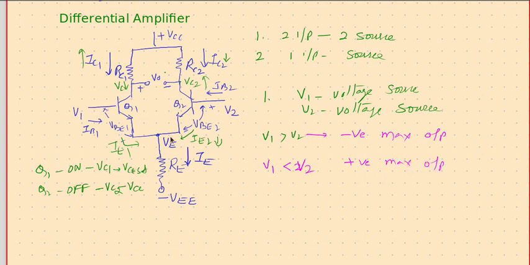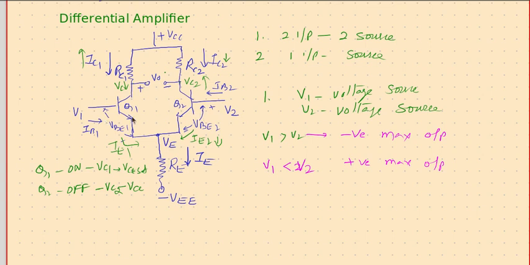Now it doesn't make sense by what quantity V1 is greater than V2 or by what quantity V1 is less than V2. It doesn't make any sense. Only what makes sense is which is bigger. If V1 is bigger, then you get negative maximum voltage at the output, and if V2 is bigger, you get positive maximum output.